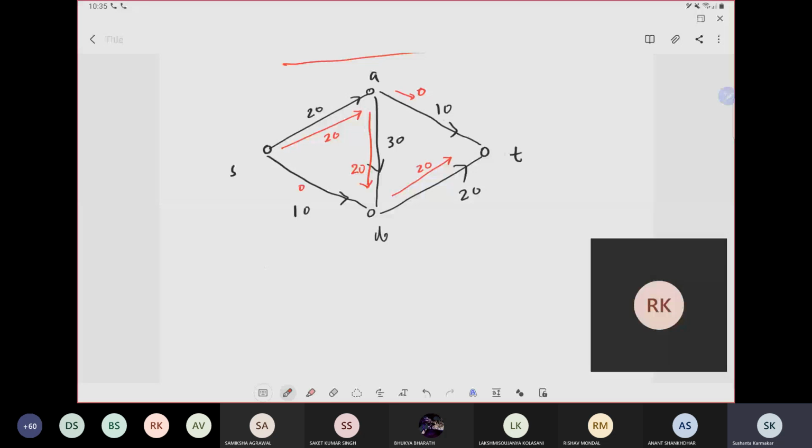Okay. So this is one function f, such that I can say, let's say I designate this edge SA as 20, f of SA equal to 20, f of AB equal to 0, and so on.